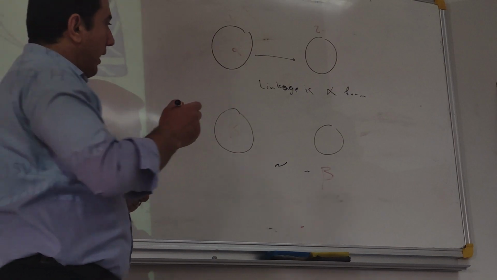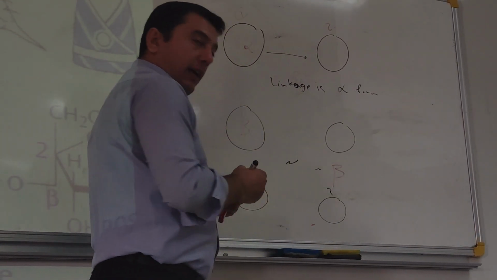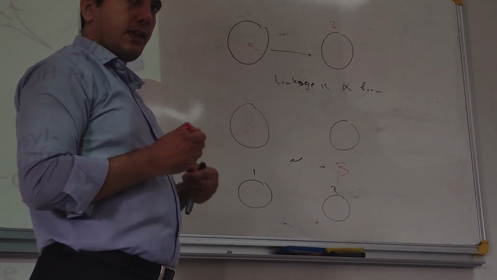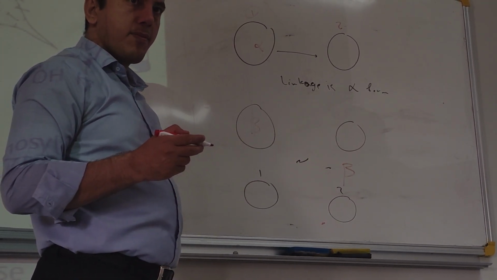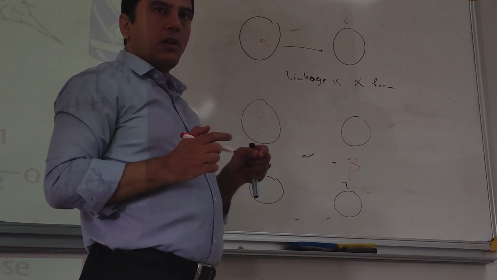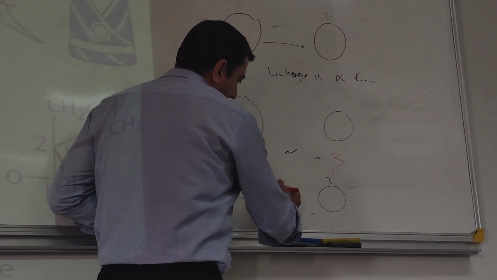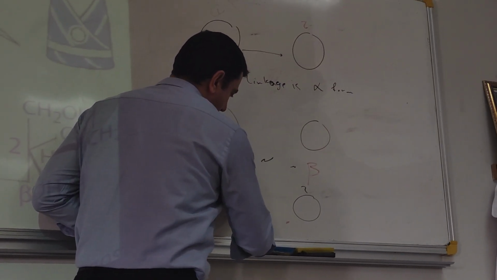But if the first carbon and the second sugar, in both of them, the linkage happens at the anomer carbon.